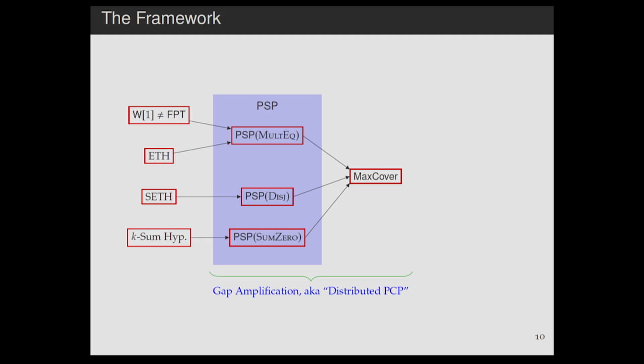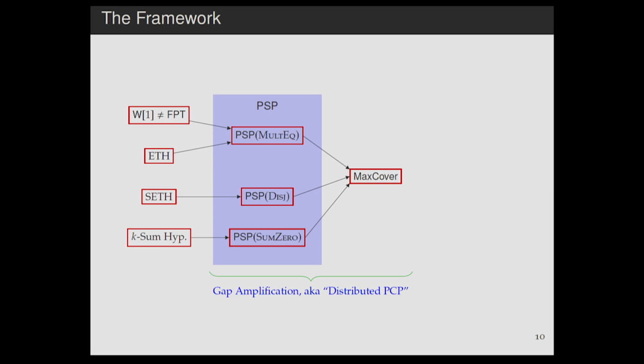And what we will do is, by giving some communication protocol, we will take a communication protocol that has good enough efficiency and turn this into a reduction from this PSP problem to max cover in a way that this max cover will have a gap. Okay, and recall again, we start from a problem with no gap, but we end up with hardness of max cover with some gap.